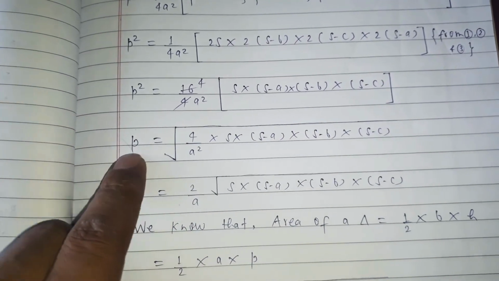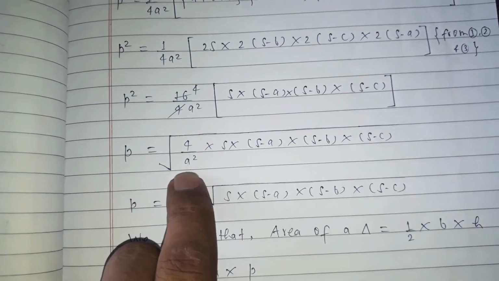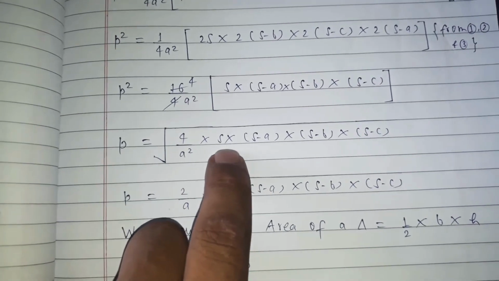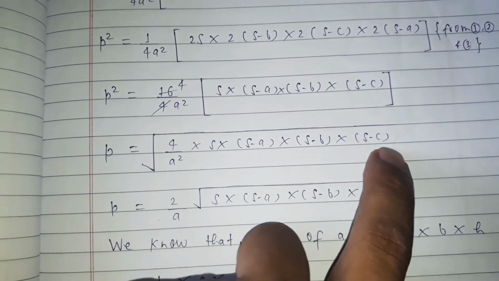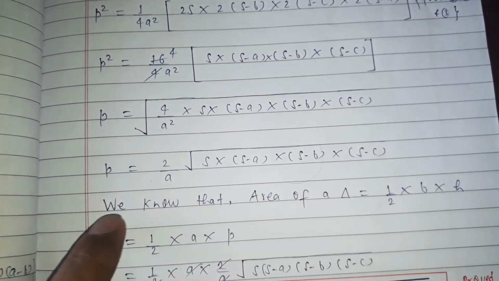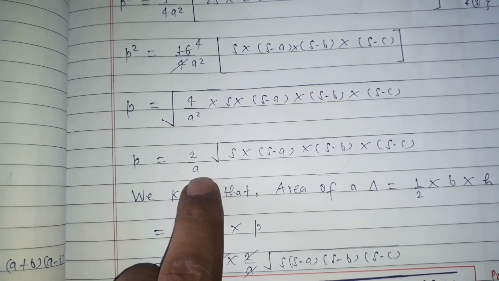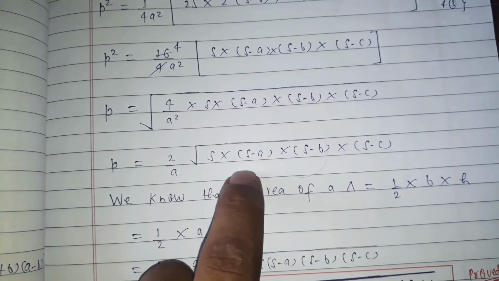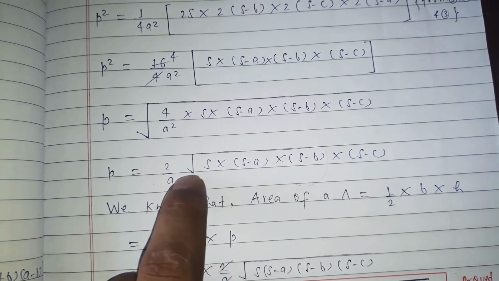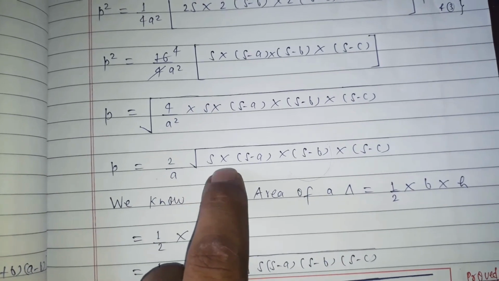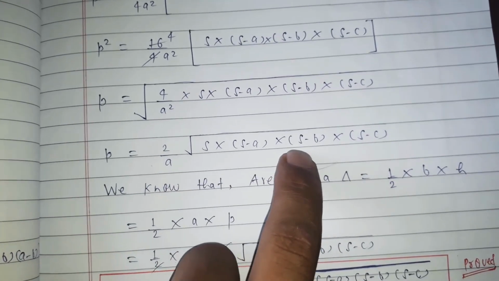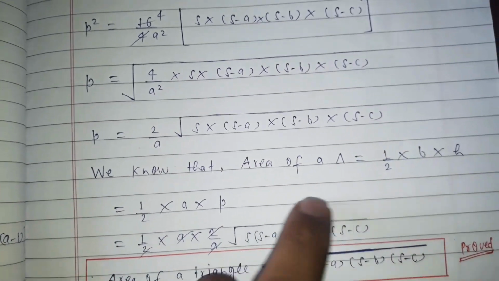So here comes p, and here comes under root 4 upon a square into s minus a into s minus b into s minus c. Now 4 upon a square come outside, so it becomes p equal to 2 by a under root s into s minus a into s minus b into s minus c.